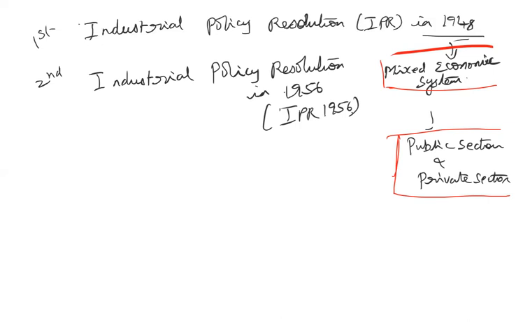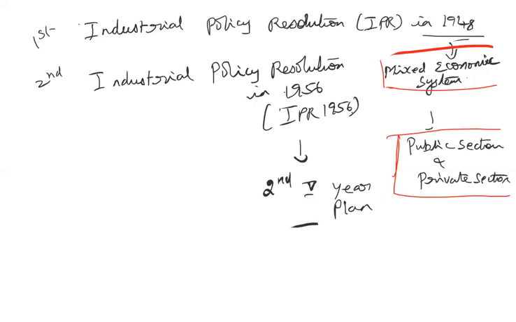This second industrial policy resolution in 1956 coincided with the commencement of the second 5-year plan. The first 5-year plan was between 1951-52 and 1955-56. So from 1955-56, the second 5-year plan in the country started.